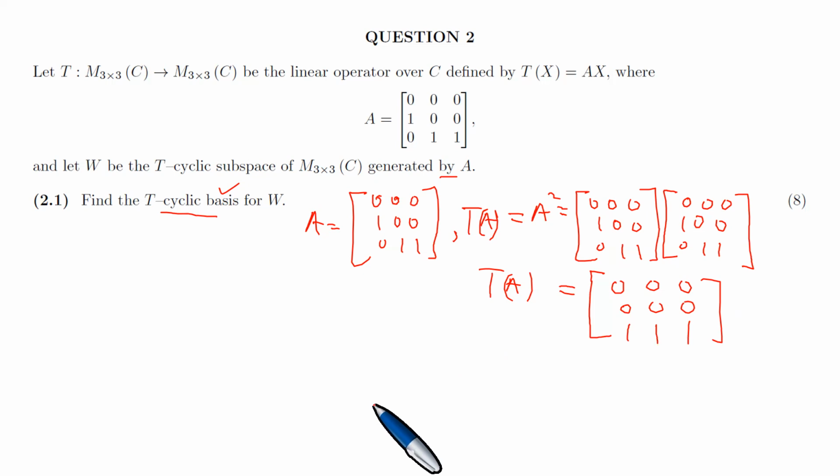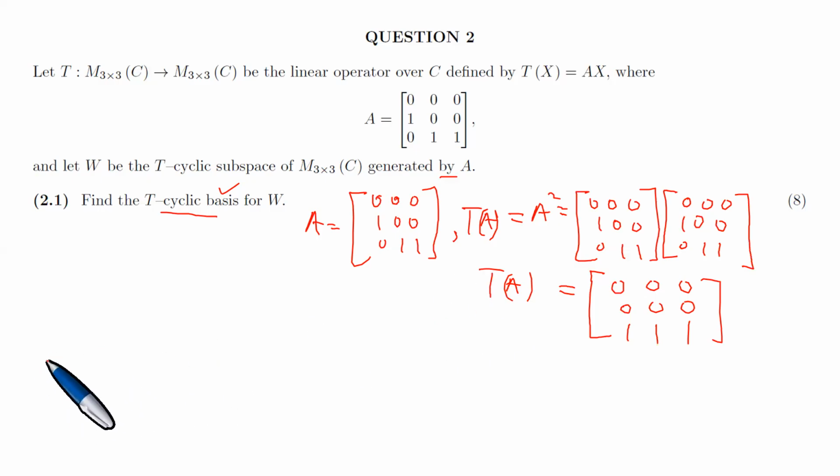Next, we continue. We found TA already. Now we study the pattern and the repetition, at what point we need to stop. We found TA, so now we find T squared.